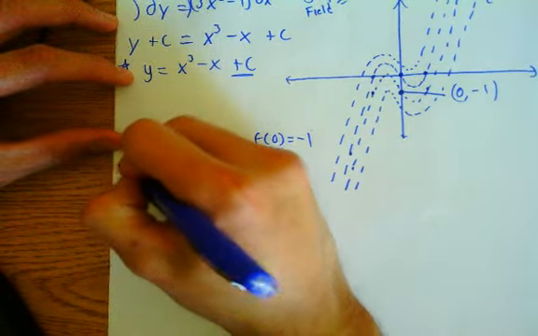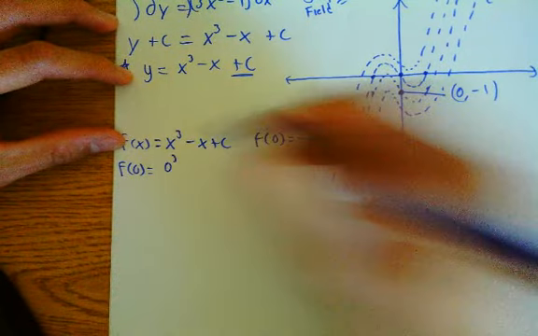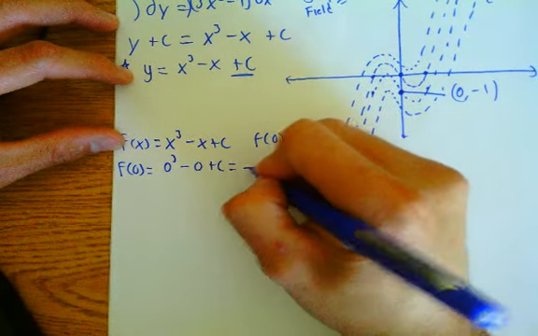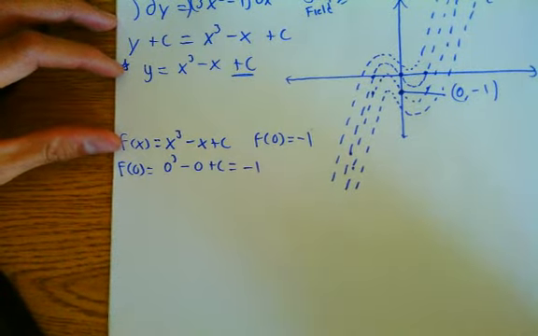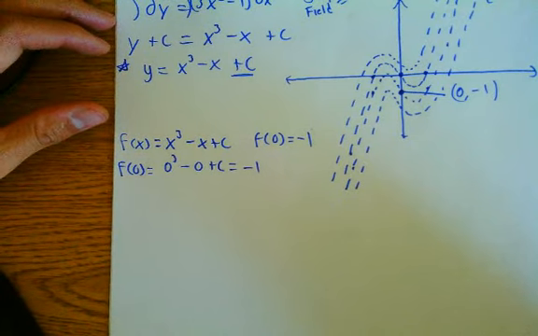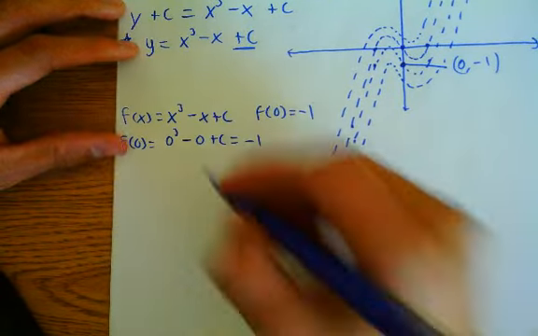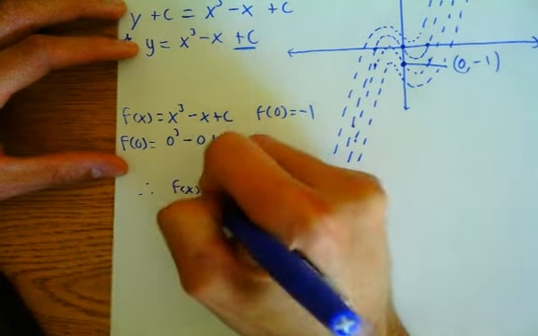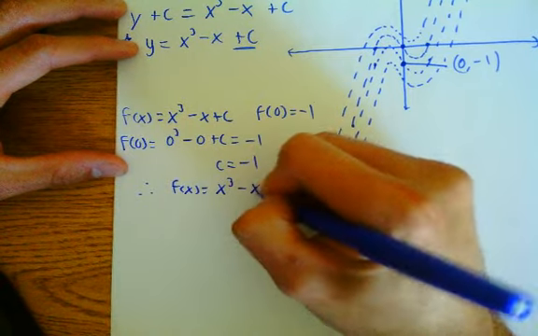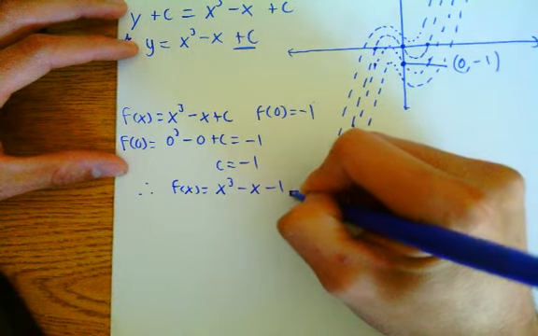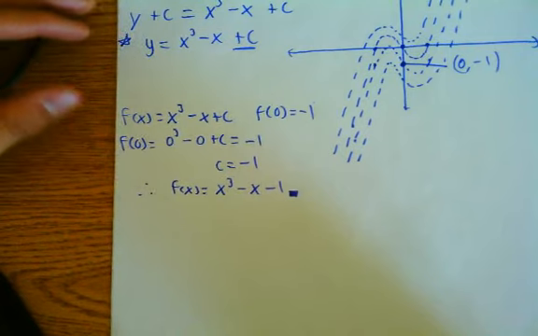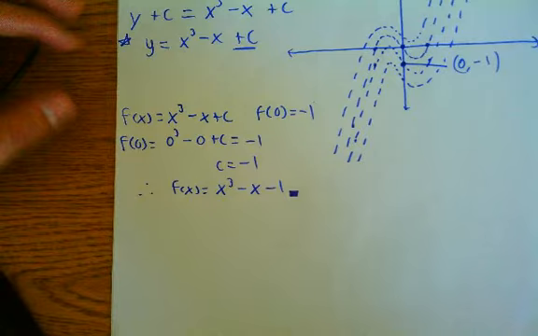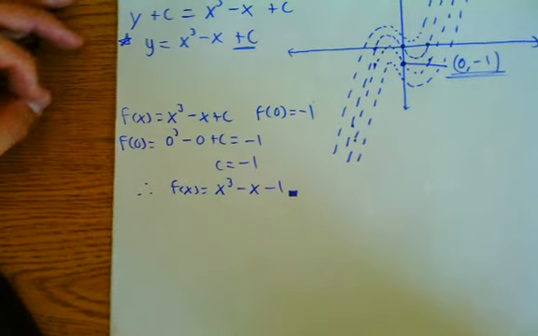You sure do. f of 0 equals 0 to the third power minus 0 plus c, and that's got to be equal to negative 1, right? You with me? Therefore, c equals negative 1. Therefore, f of x equals x to the third power minus x minus 1. And that would be your equation, including the constant, a very specific constant, a constant that makes you go through this point.